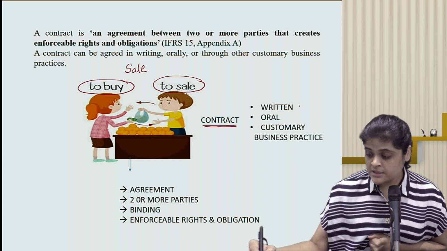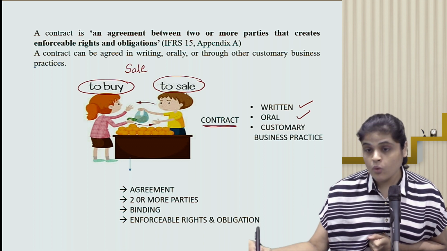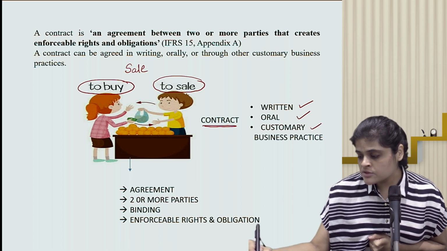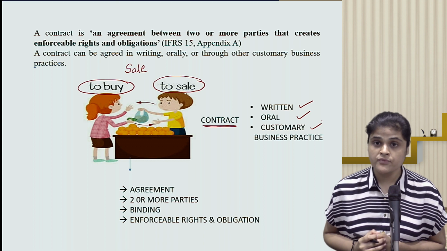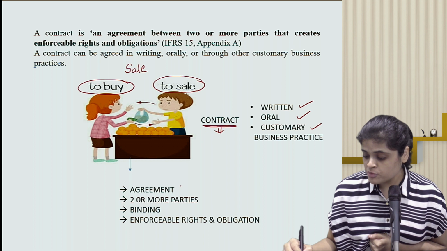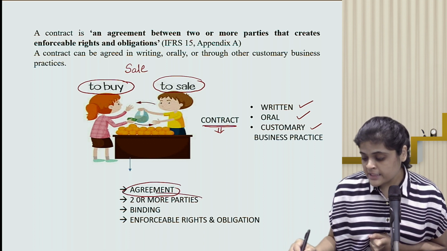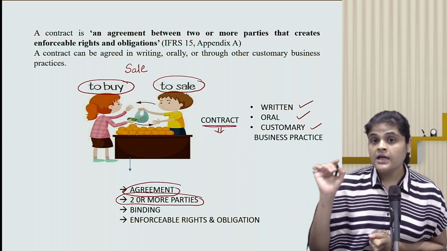This contract can be a written contract. This contract can be an oral contract, or it could be just based on business practices. Whatever it is, there should be a contract. I mean, there should be an agreement. There should be agreement between at least 2 or more parties.